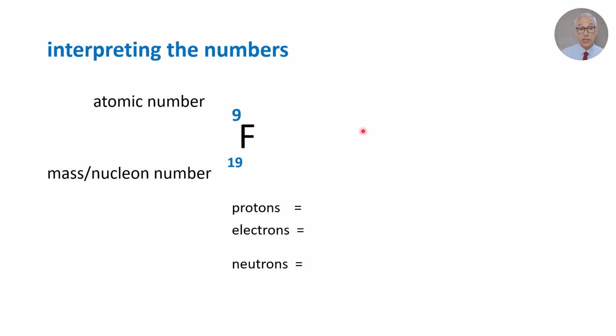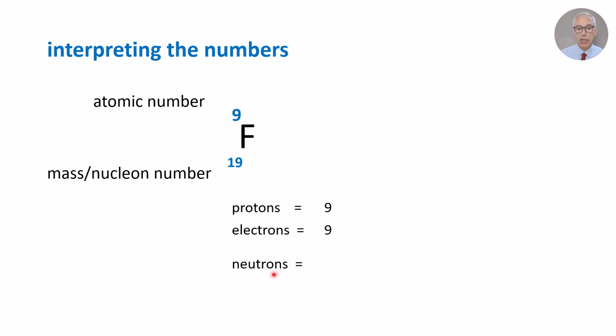Paper 2 questions often ask you to interpret atomic number and mass number. So let's just do one example. Fluorine, atomic number 9, mass number 19. So the atomic number simply tells us the number of protons, which is 9. Well, the number of protons is the same as the number of electrons. So the number of electrons in the fluorine atom is also 9.